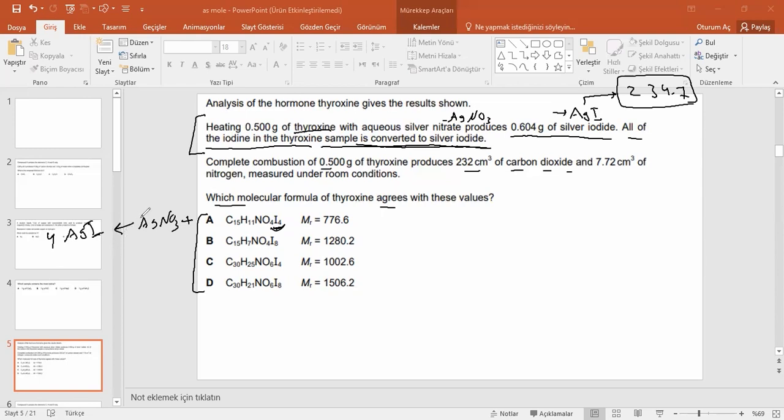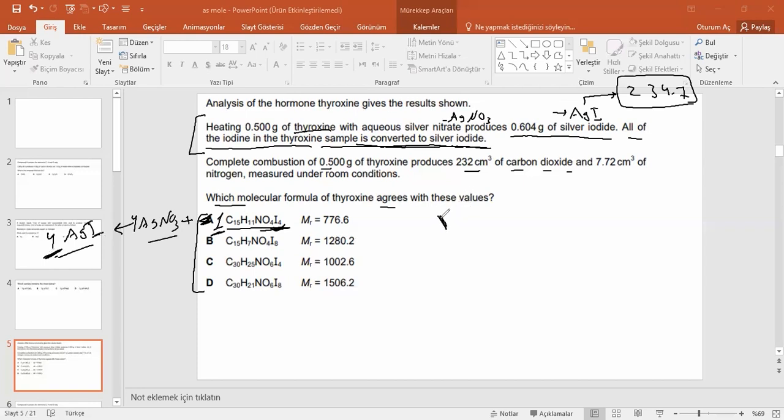Look, guys, now what I'm going to do. From this equation, this compound plus AgNO3, here we have 4 of this, I suppose, gives us 4 AgI. So we understand from this equation that 1 mole of this gives us 4 of AgI.